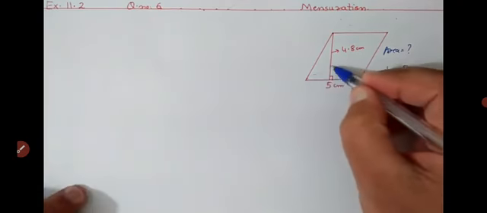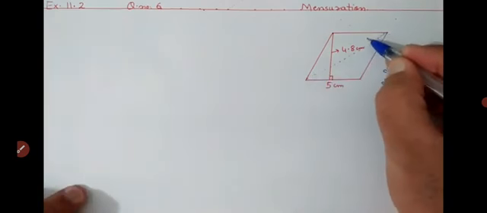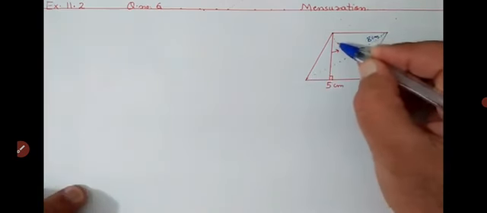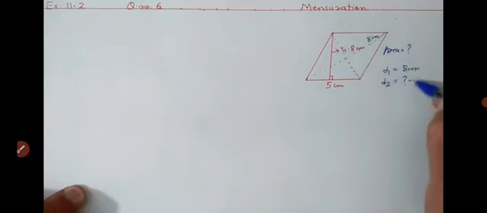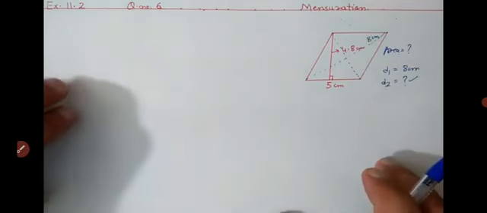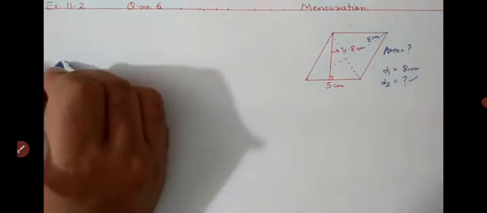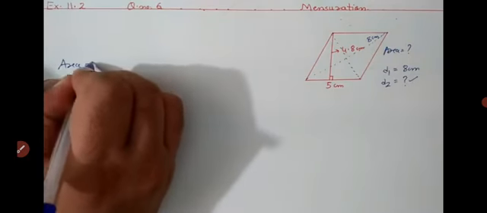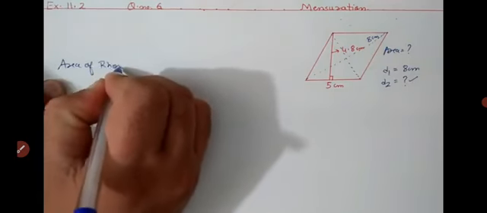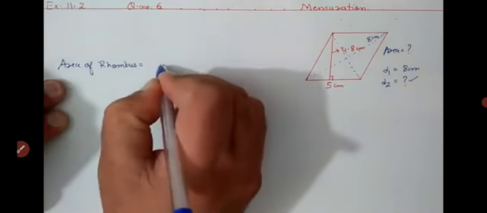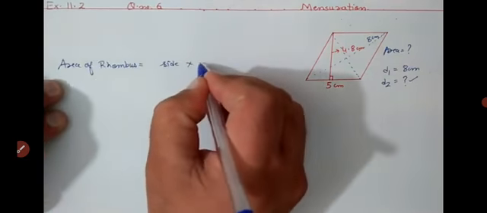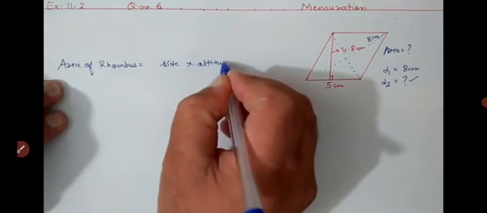Now, area of rhombus is equal to side into altitude.